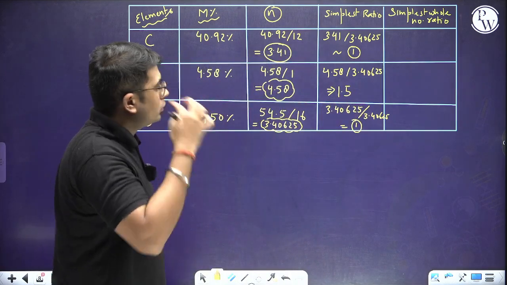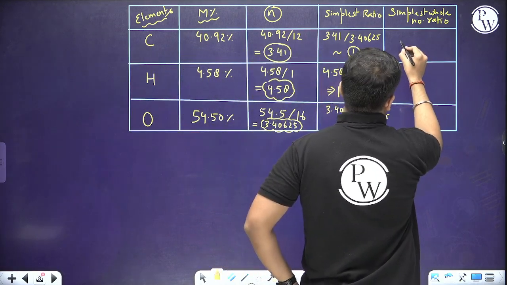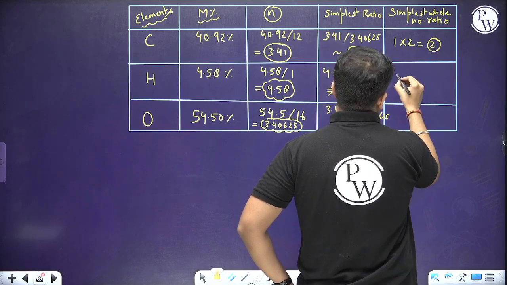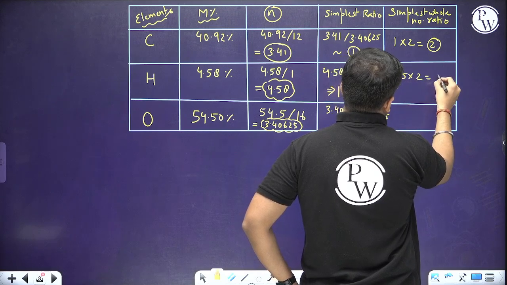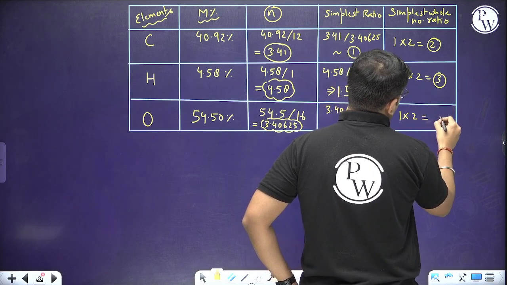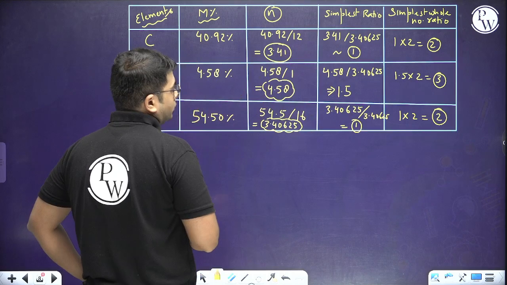Okay, let's try to solve this. For the simplest whole number ratio, I am multiplying this entire part with 2, so we'll get this value as 2. This part I am multiplying with 2 again, that will be 3, and this part multiplied by 2 will be 2 again. So we have the formula now.